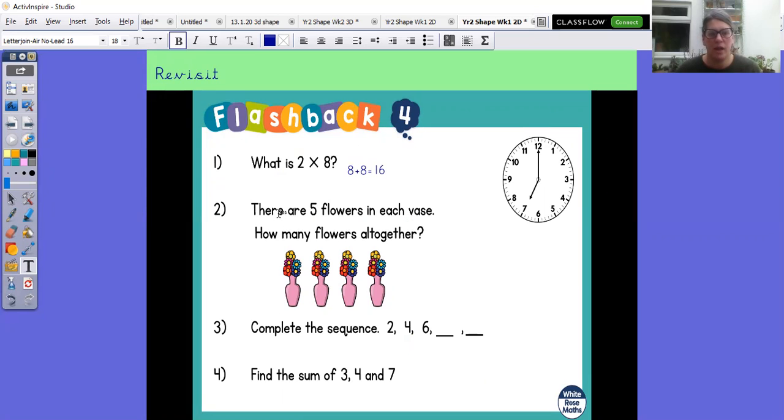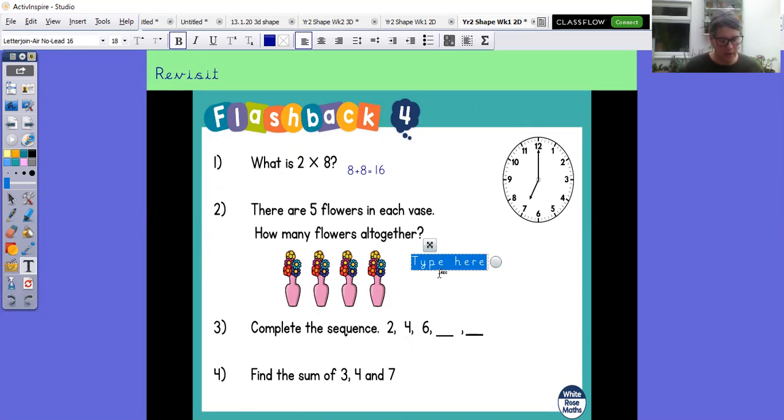Number 2, there are 5 flowers in each vase. How many flowers altogether? So we've got 1, 2, 3, 4 vases. So they are our 4 groups, and there are 5 flowers in each group. So we can do this a few different ways.